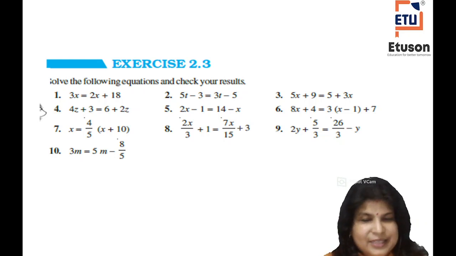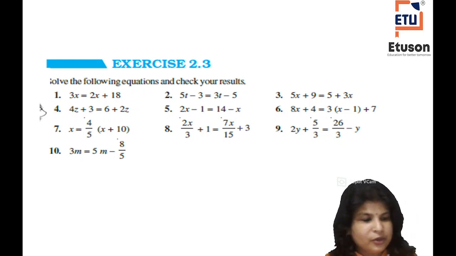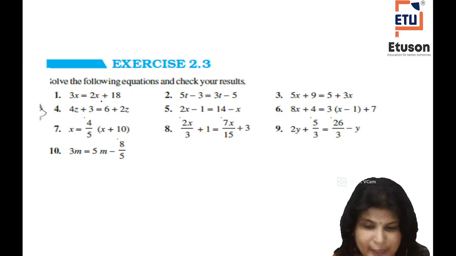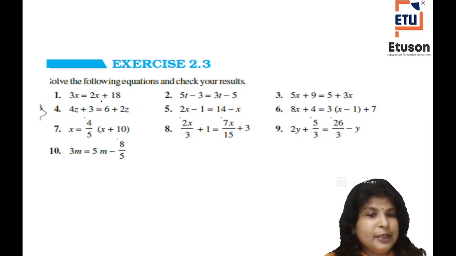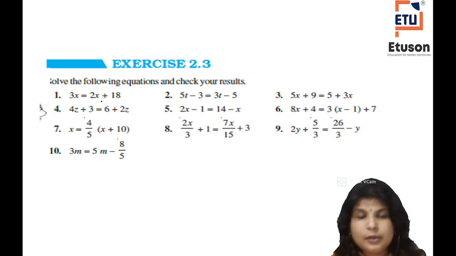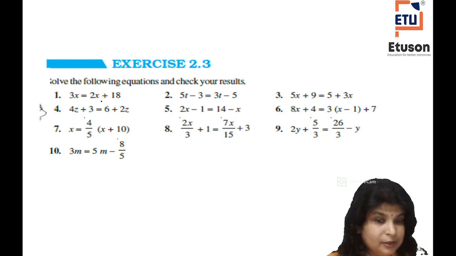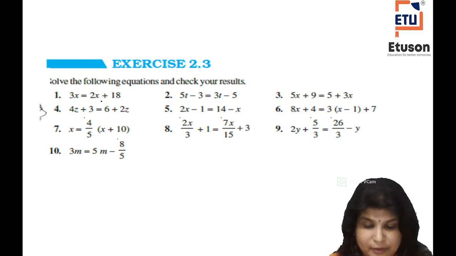This is the question which I have taken from your book. As usual, you have 10 questions and I will do 5 for you, and I will give 5 for you to complete as an assignment.